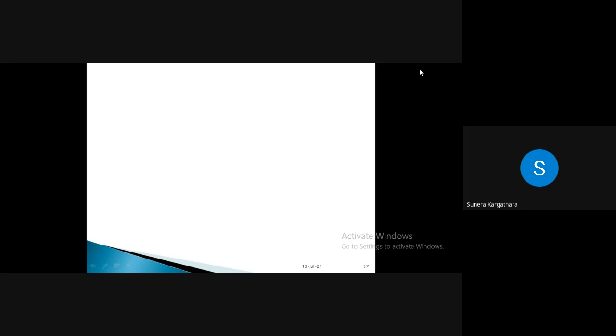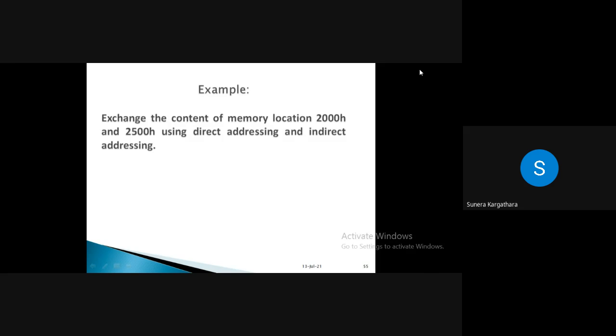Based upon that, we discussed 4 to 5 tasks in our lab, and also a few tasks here in theory: how to transfer content from memory location to register, from register to memory location, from input device to processor, and from processor to output device. So transfer of data can be between register and register, between memory and registers, and between input, output, and register, right? The instructions related to these three basic operations we have already discussed.